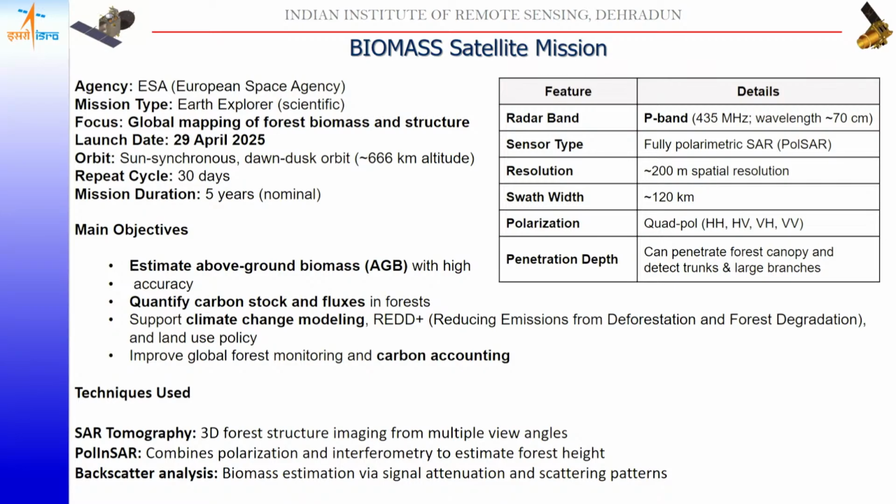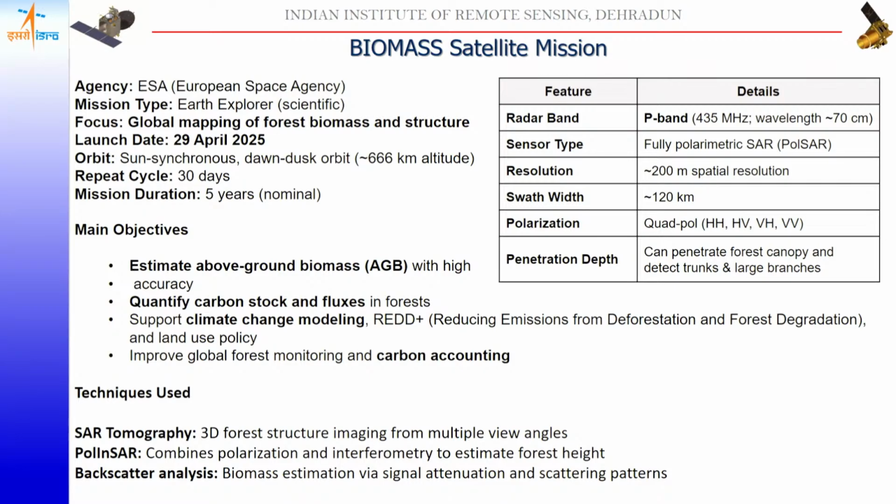It uses the concept of PolInSAR, and backscatter analysis can be done to estimate the biomass. It is a fully polarimetric SAR with a frequency of 435 megahertz and a wavelength of 70 centimeters. So it is the first P-band mission in space, and it is recently launched.